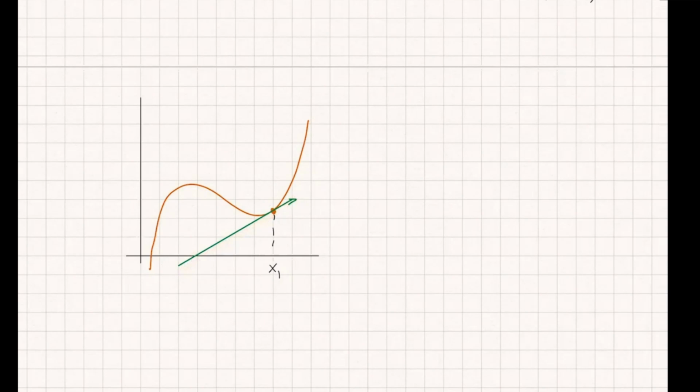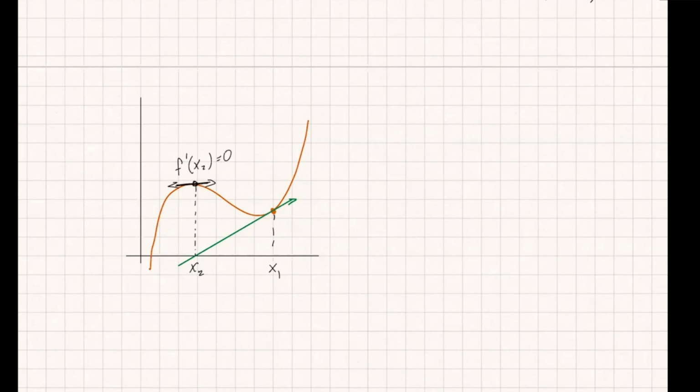So if I extend it here, this is where my x2 will be, right? And if I evaluate it here, I am essentially getting to the local maximum, right? So this is where my f prime of x2 will be equal to 0.